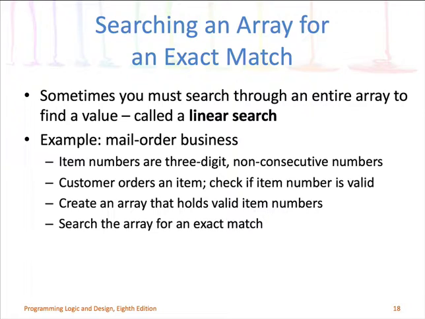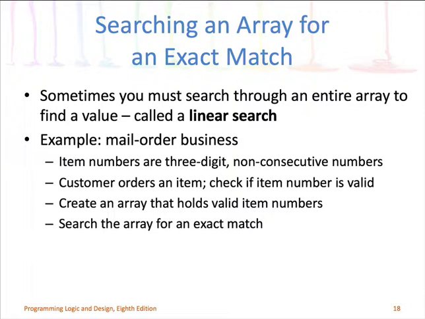So here's some examples. In the first one, you have item numbers that are 3 digits, and they're not consecutive. So you have an array of these item numbers. There's no way to match them up with an index. They're just in some, let's assume, random order.